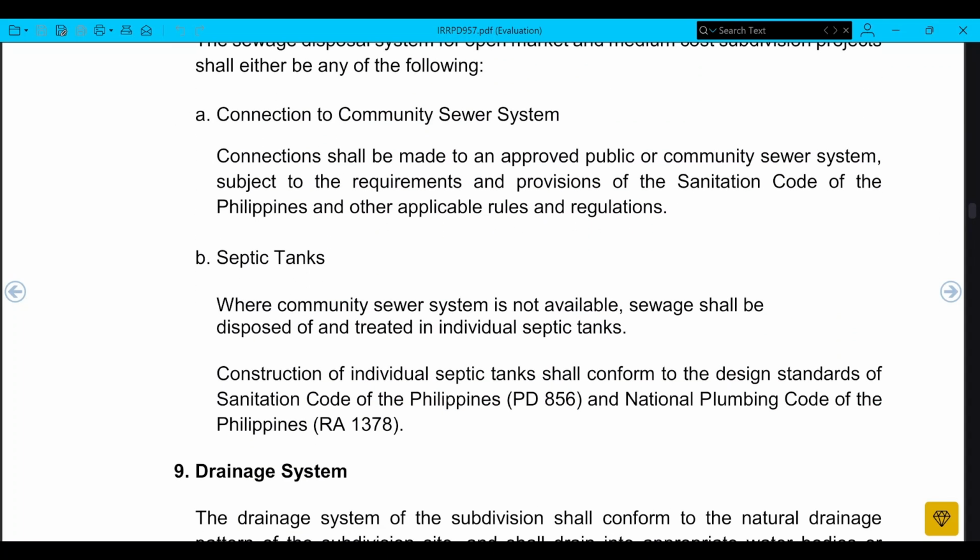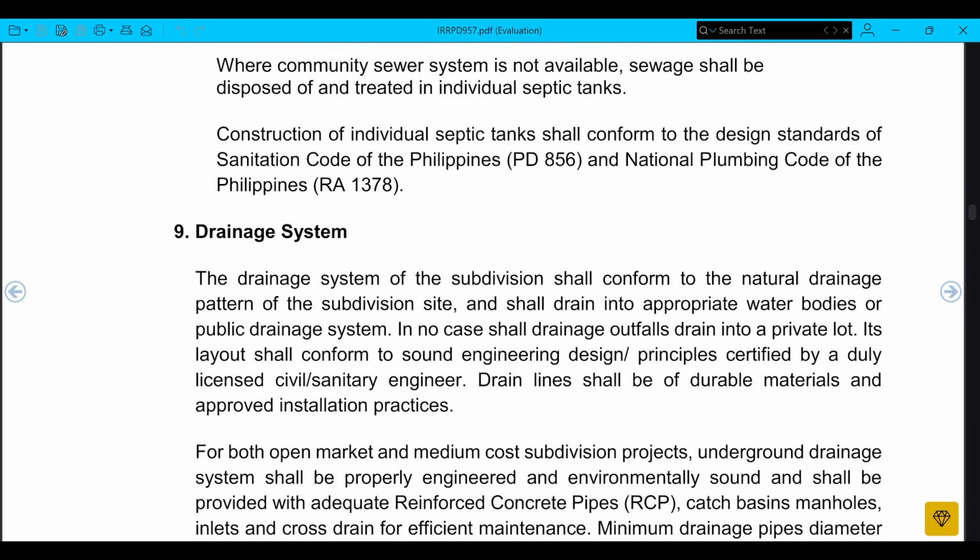B. Septic tanks. Where community sewer system is not available, sewage shall be disposed of and treated in individual septic tanks. Construction of individual septic tanks shall conform to the design standards of Sanitation Code of the Philippines, PD 856, and National Plumbing Code of the Philippines, RA 1378.